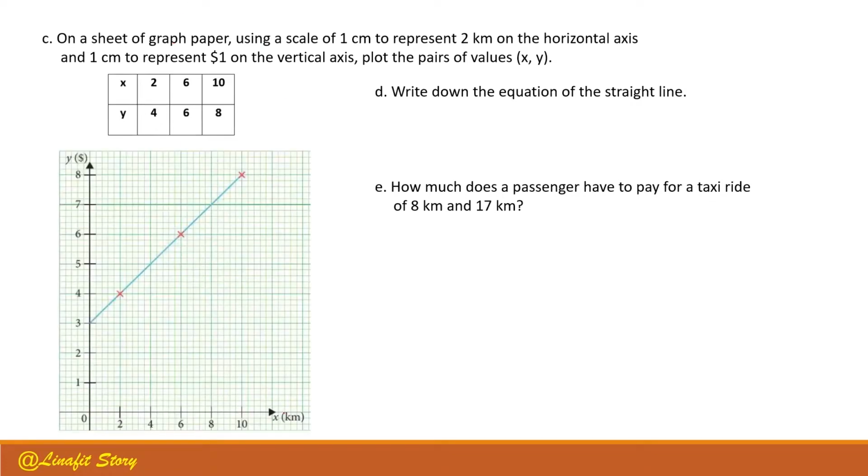So look over here, this is the x and y axis. For the x-axis, using a scale of 1 cm to represent 2 km. This is 1 cm, 1 cm, 1 cm. So this is 2 km, 4 km, 6 km, 8 and 10 km.